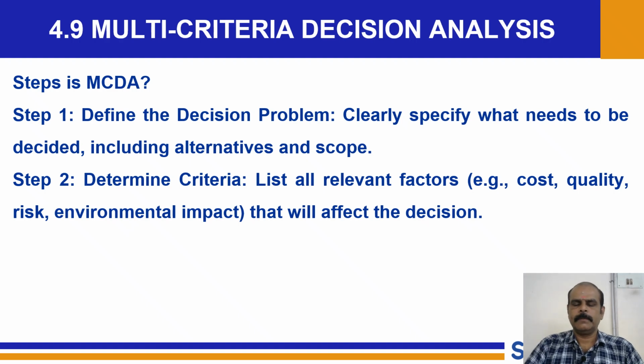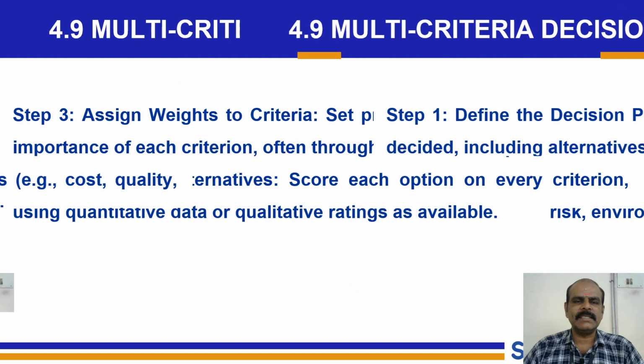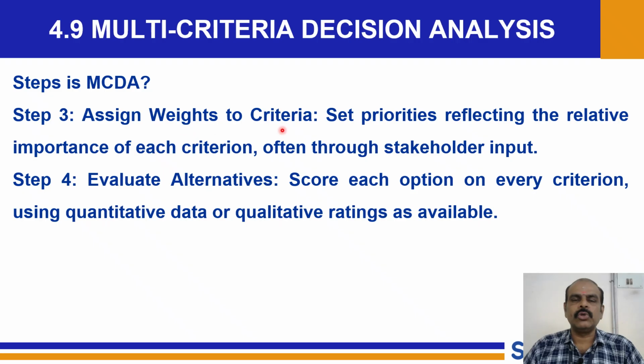Then the third step, assign weights to criteria. If you have priorities for each criterion, go ahead. For instance, if I don't know which has to be considered important, you may go to an external stakeholder, and based on their input, this process can be done.